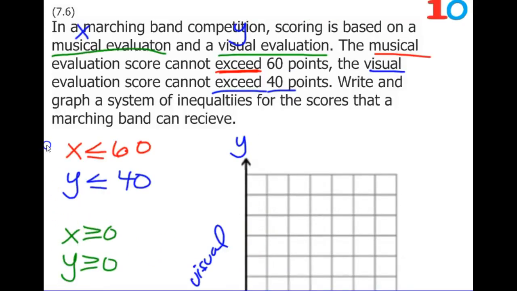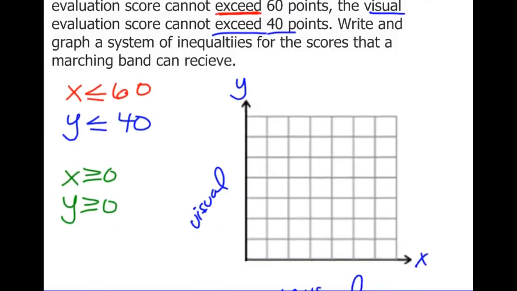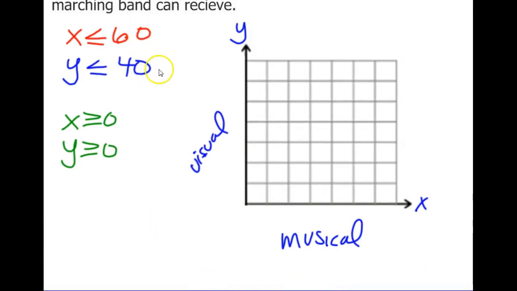You can't score negative points. Okay? So to get to 60 and 40, maybe you go by tens. 10, 20, 30, 40, 50, 60. And same here, 10, 20, 30, 40, 50, 60.